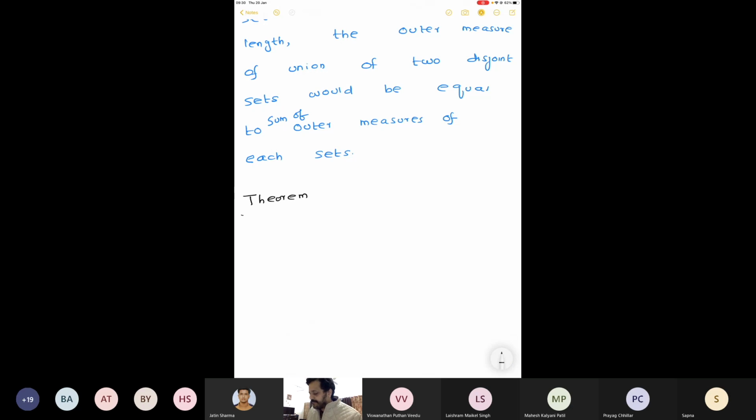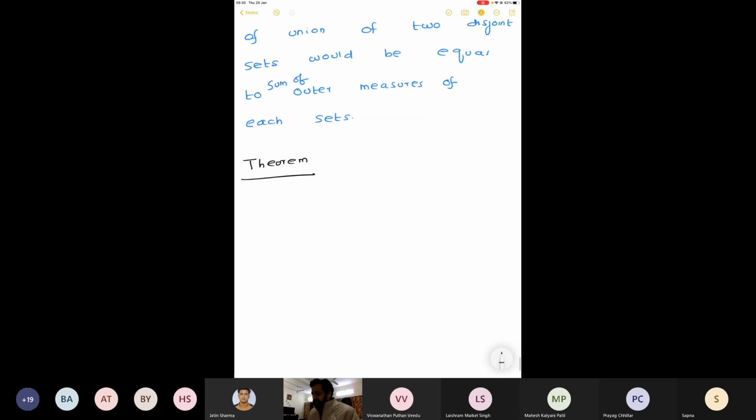Theorem. That means this is not happening. I can find two disjoint sets A1 and A2 such that M star of A1 union A2 is not equal to M star of A1 plus M star of A2.